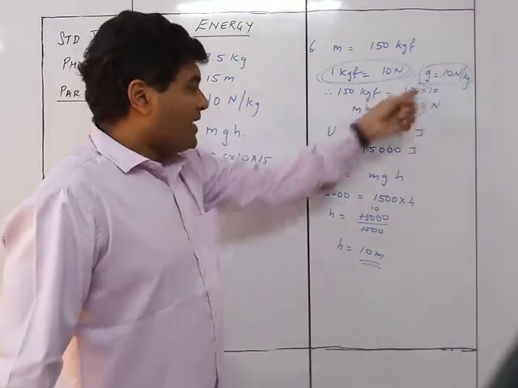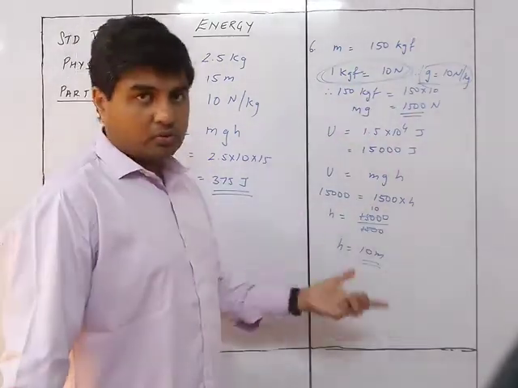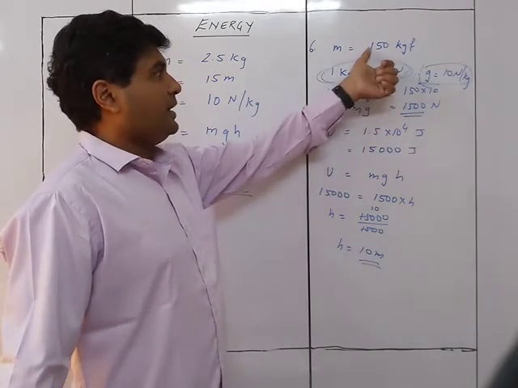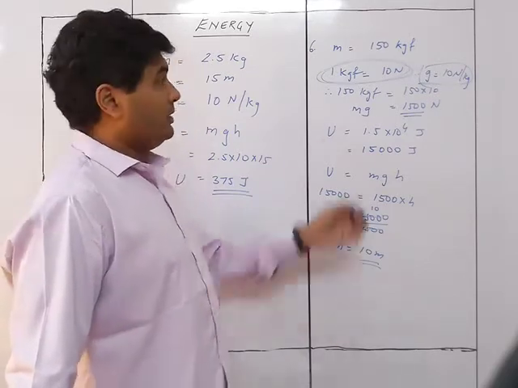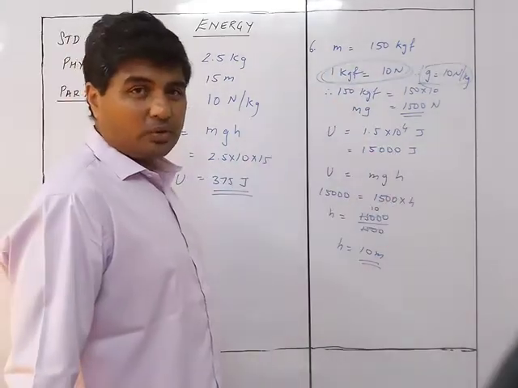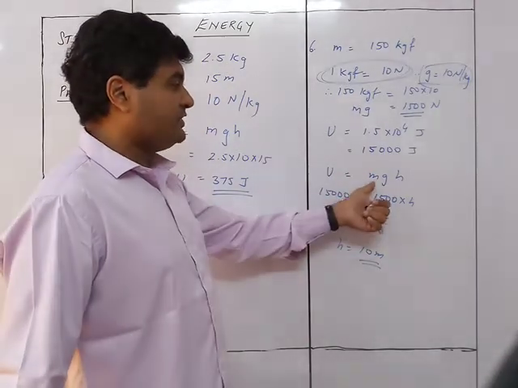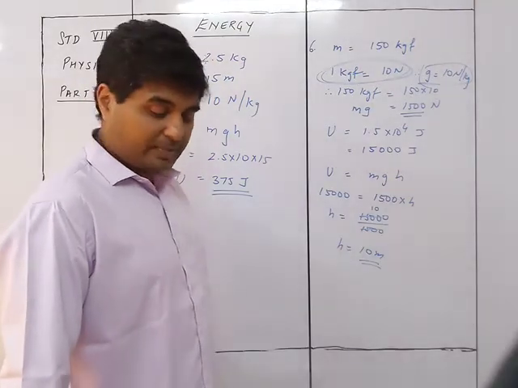So you can take the value of G and say 150 into 10 into H also. I have taken M into G directly because I am taking it in Newton. So M into G is nothing but force, so the force over here will be equal to this much. You can take both ways. You can also take it as 150 into 10 into H. It's the same thing. The answer remains the same.